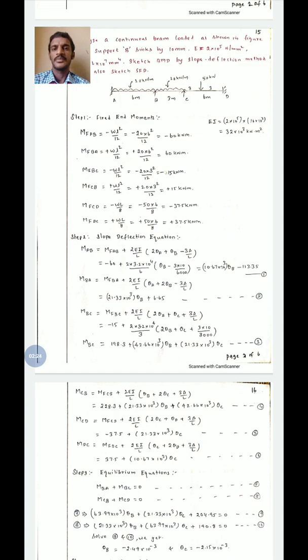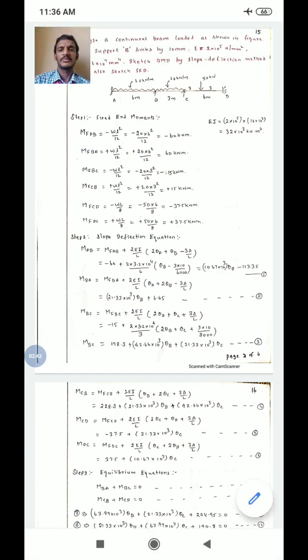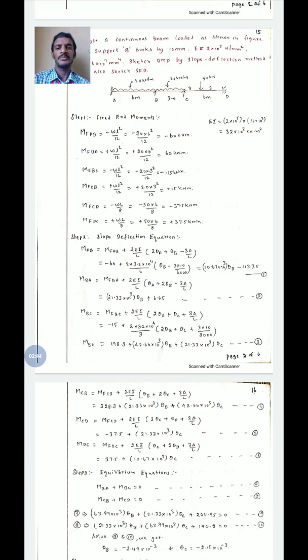In first step, fixed end moment. Fixed end moment will be calculated based on load condition. For AB span, UDL load 20 kN per meter is acting. For UDL condition, for left end minus WL square by 12, for right end plus WL square by 12. Similarly for BC portion also, we have UDL condition.